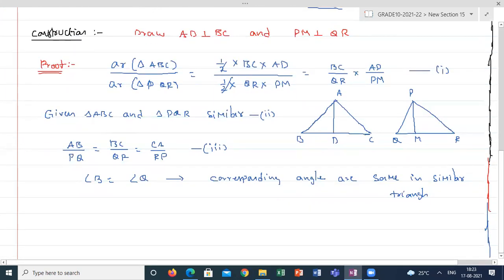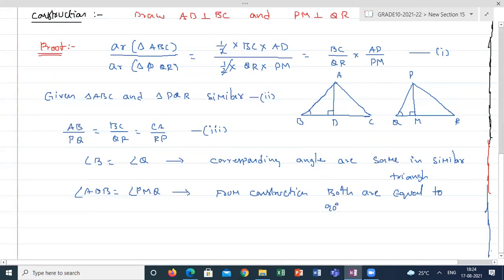I am proving angle B is equal to angle Q. And angle ADB is equal to angle PMQ. This is from construction, both are equal to 90 degrees. Will you agree? Angle ADB is 90, angle PMQ is also 90.